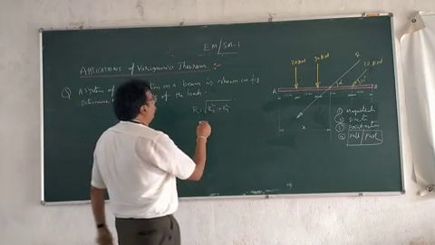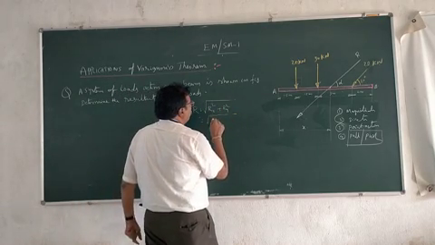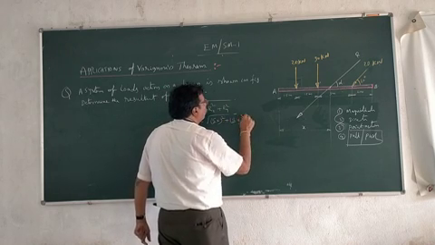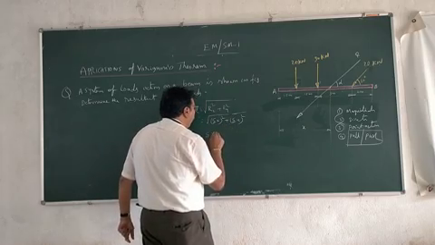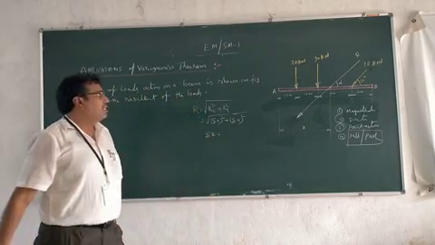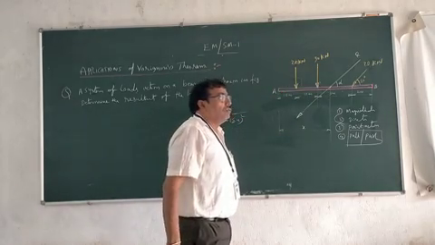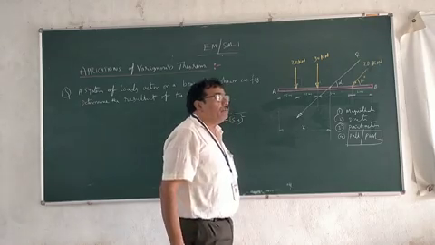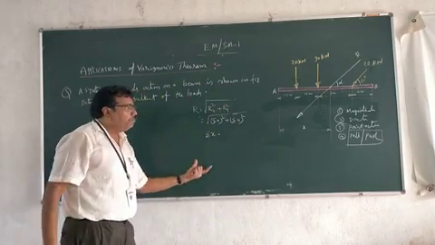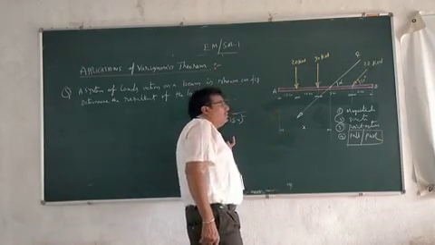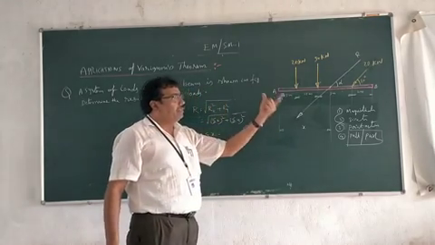Already you know: sigma x whole square plus sigma y whole square. What is the meaning of sigma x? The summation of the x components of all forces acting on the member.